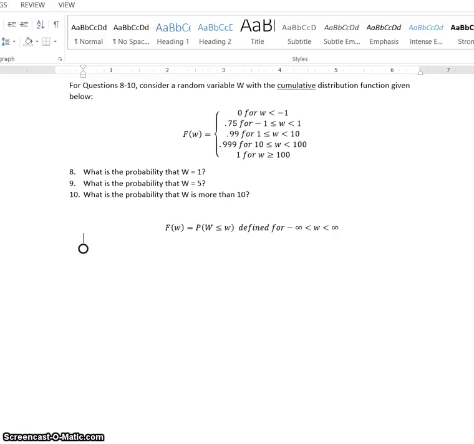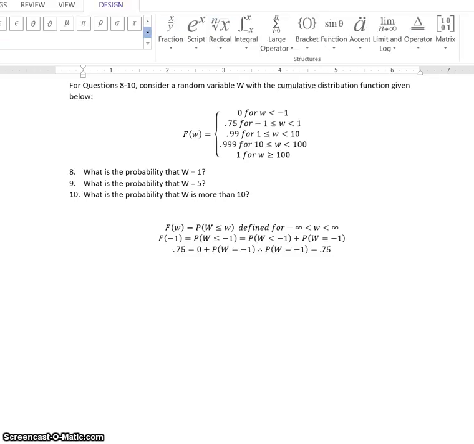Now we can see that at -1, the cumulative distribution function jumps up from 0 to 0.75. So the probability that W is less than or equal to -1 is equal to the probability that W is less than -1 plus the probability that W is equal to -1, because it can't be both less than -1 and equal to -1.